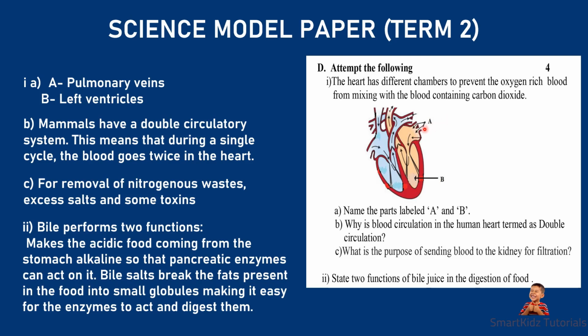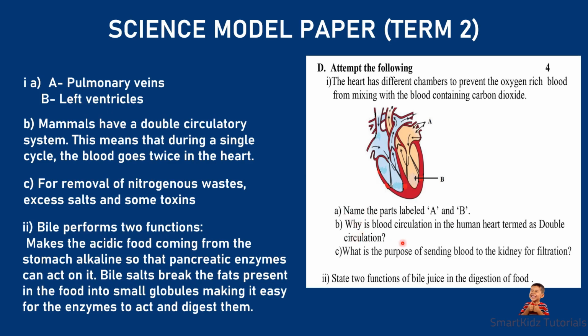So pulmonary veins coming from the lungs pump pure blood into the left atrium, and then that blood goes into the ventricle. So this B, which is marked, is actually the left ventricle. That's the answer to A and B given here.